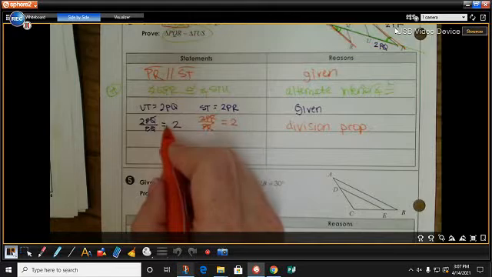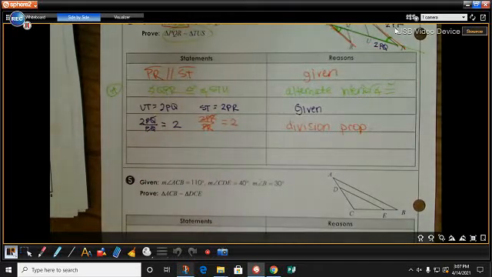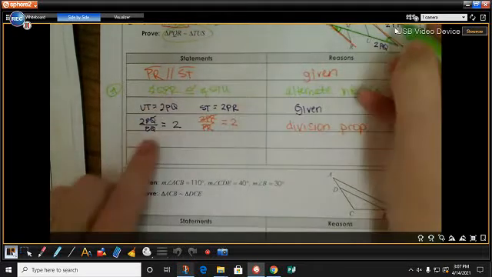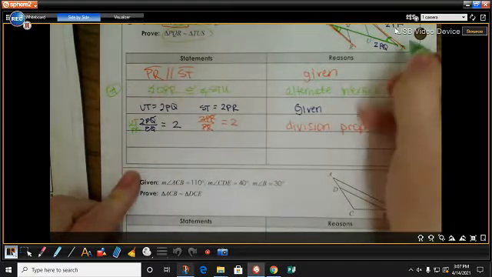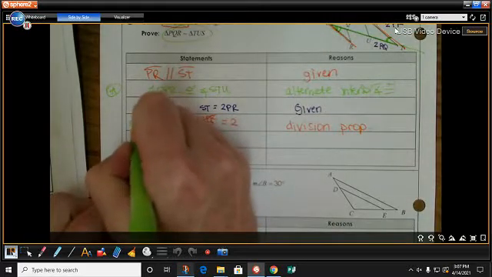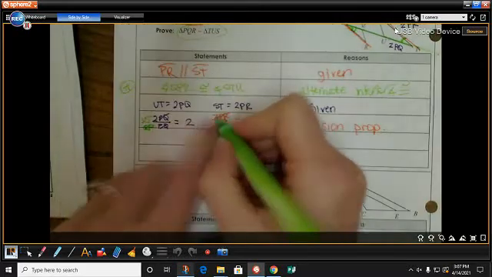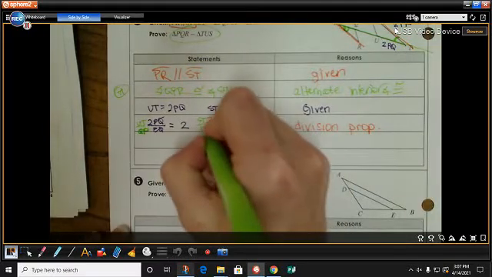Well, now I have 2 proportions that are equal to each other because 2 PQ, this one right here, was UT to QP. And this one is ST to PR.